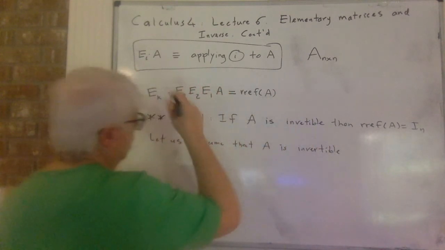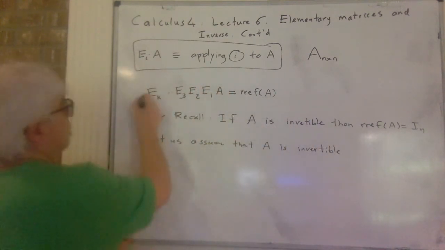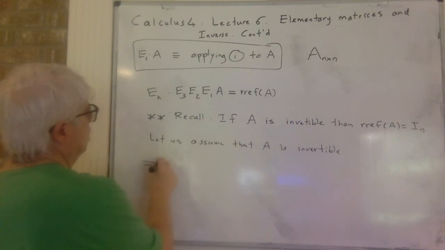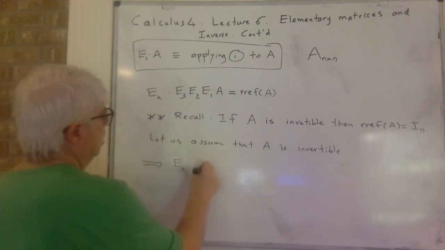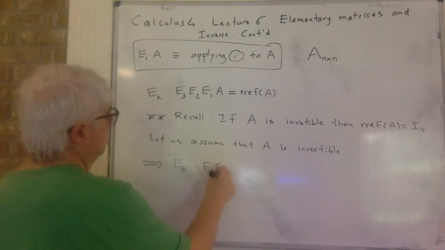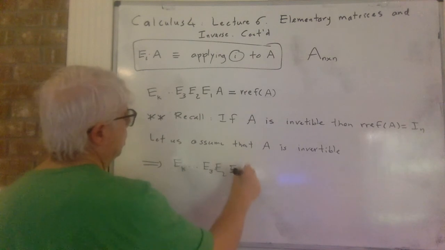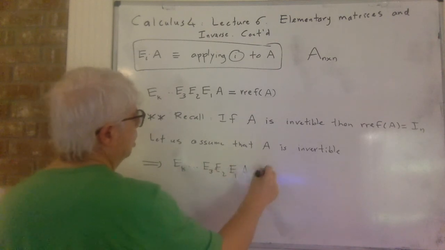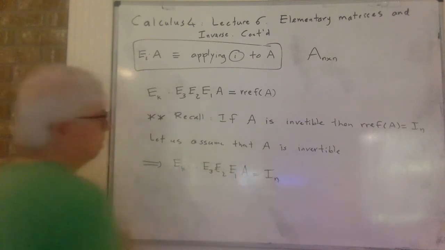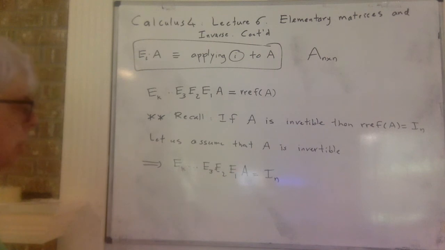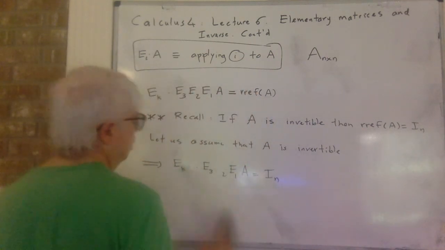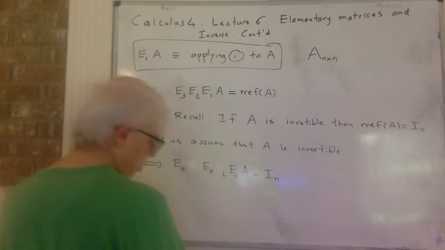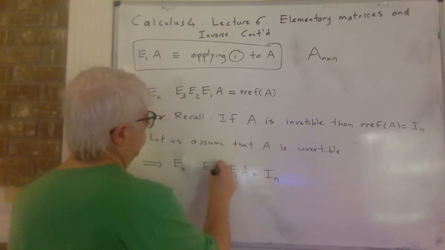Okay. Then what happens? If A is invertible, I will get EK, E3, E2, E1A will be IN, right? If it's invertible, its RREF is in form IN. So that theorem, in fact, was for this purpose.